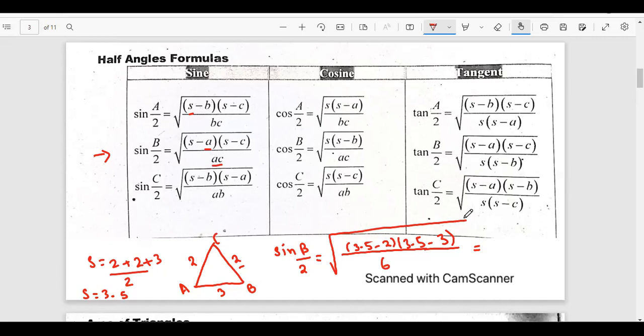Yes, please do that. So we have under root and then we have 3.5 minus 2, so that would be 1.5, into 0.5 divided by 6.